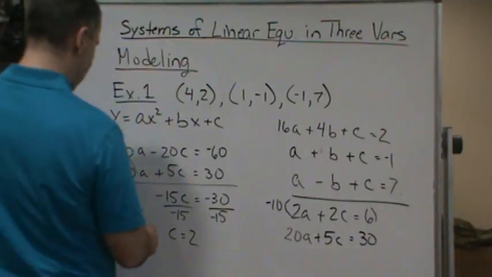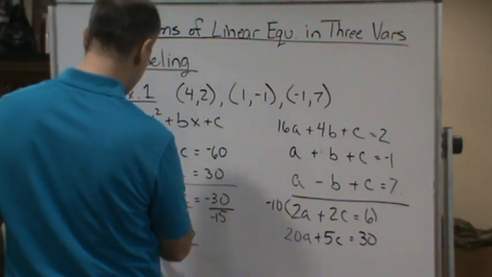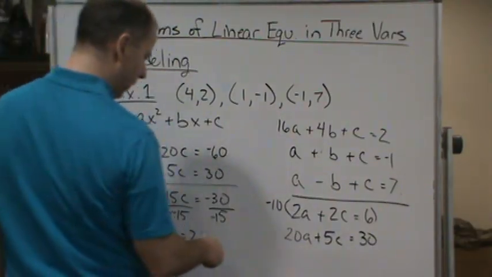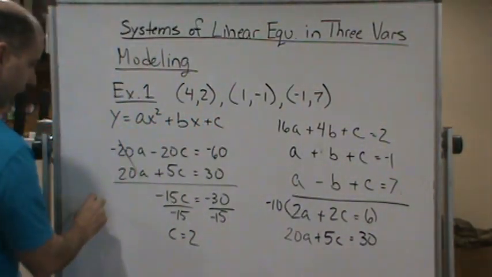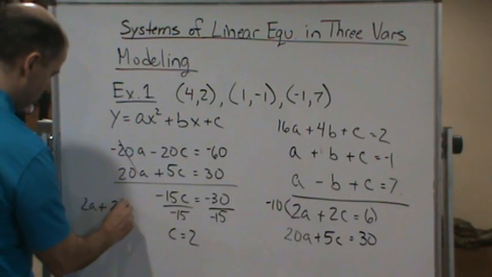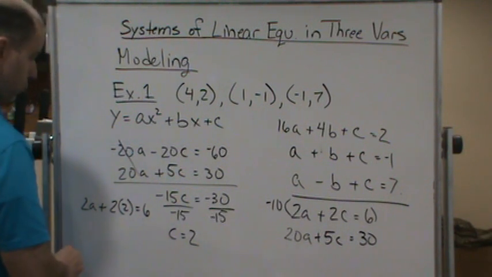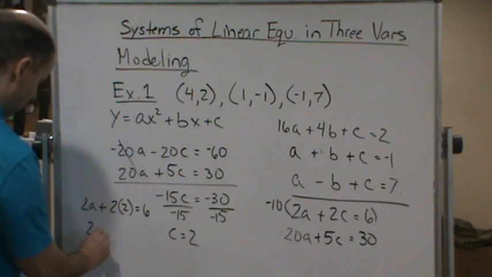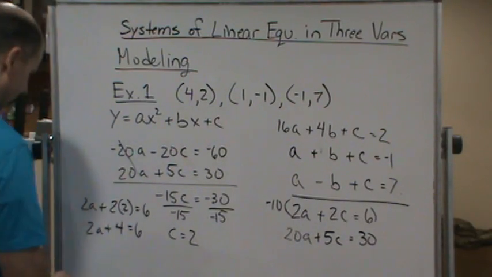Now all I have to do is plug 2 into one of the two equations here. So I can plug it into this one. So if I do 2a plus 2 times 2 is equal to 6, then I get 2a plus 4 is equal to 6.